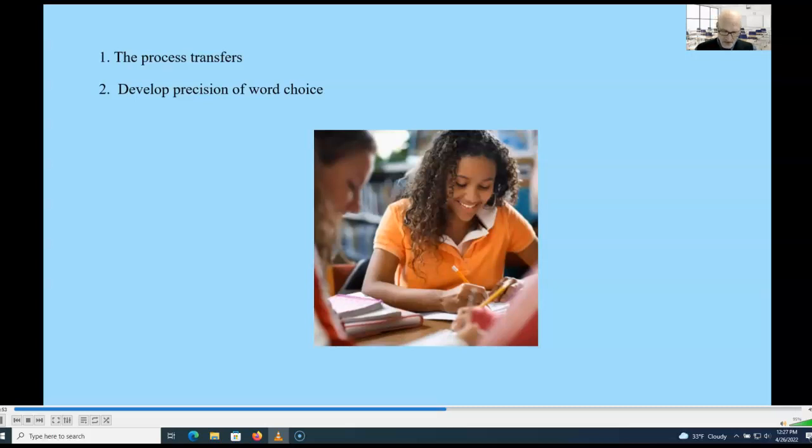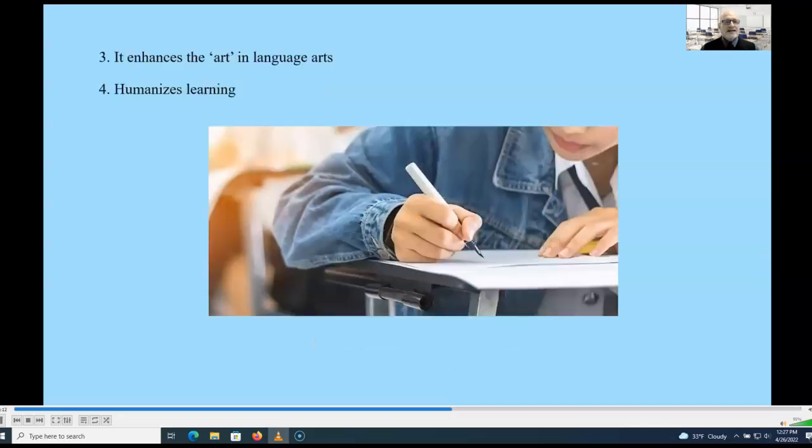This enables writers to become more precise with their word selection, and more skilled about word choice and sentence construction. This transfers to any type of writing product. It develops this precision of word choice, and it enhances the art in language arts. It puts the art back in language arts.